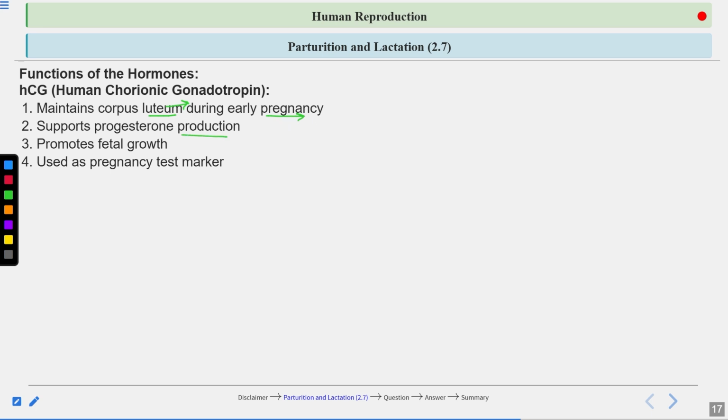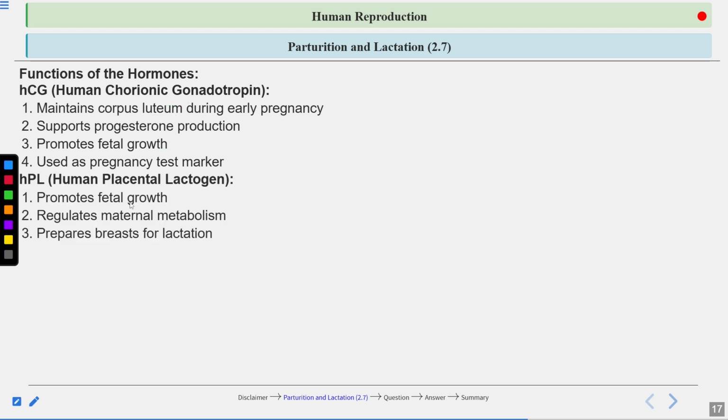Progesterone production promotes fetal growth. HCG is used as a pregnancy test marker. So if the levels of HCG are high, then obviously you can say that the female is pregnant, because this hormone is only secreted by the placenta. So if the placenta is formed, then obviously the mother will be pregnant.